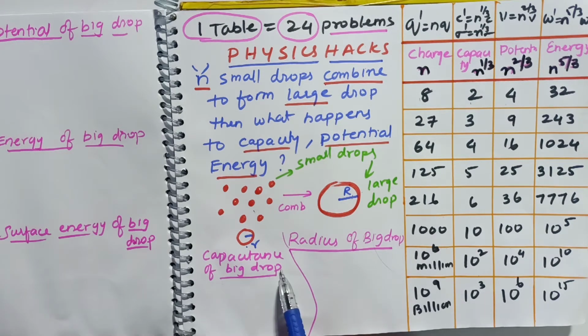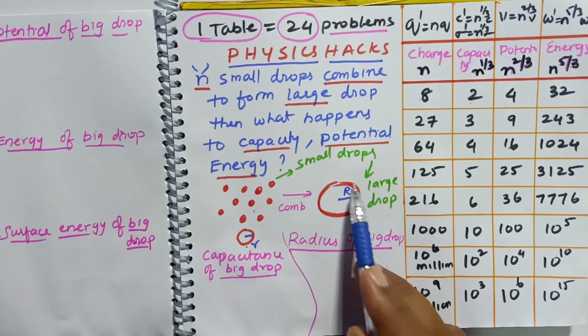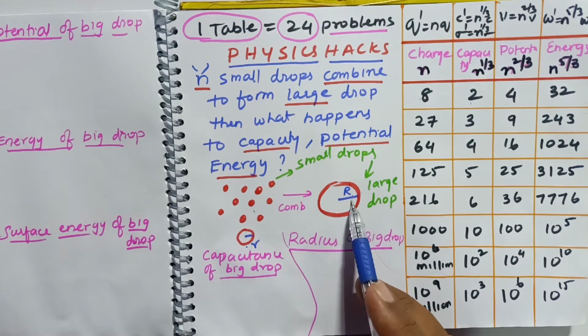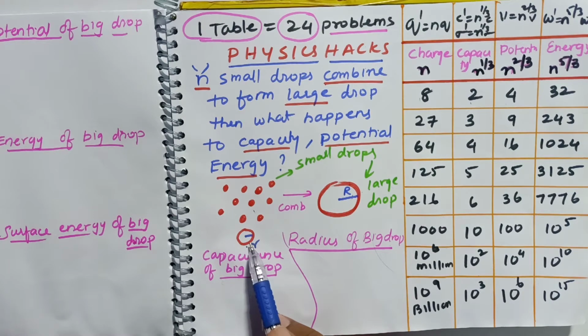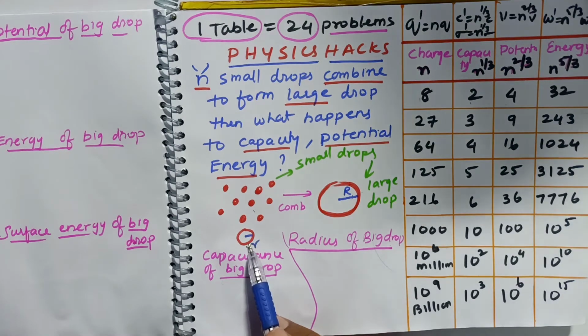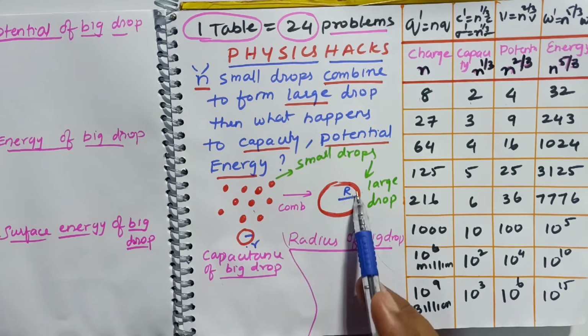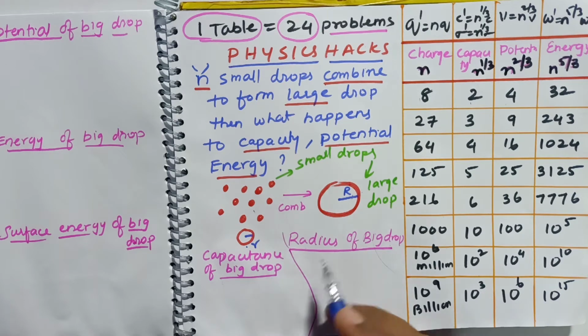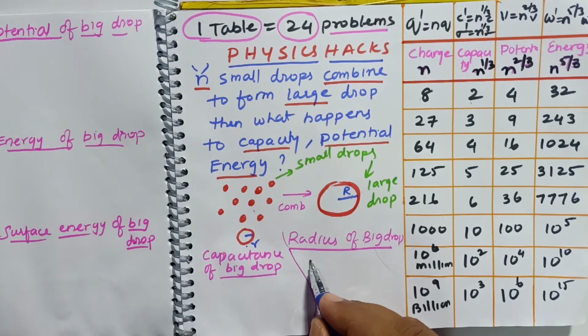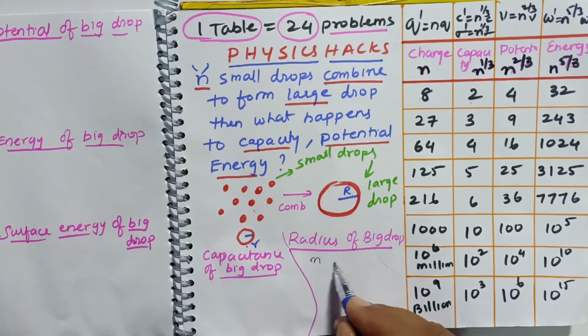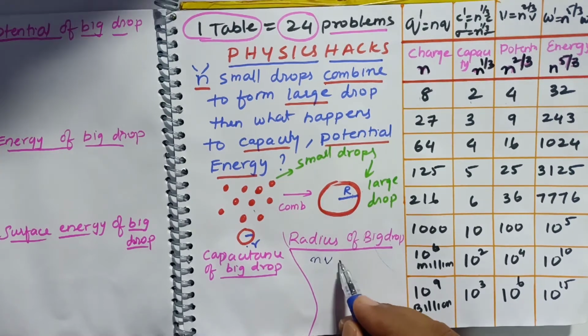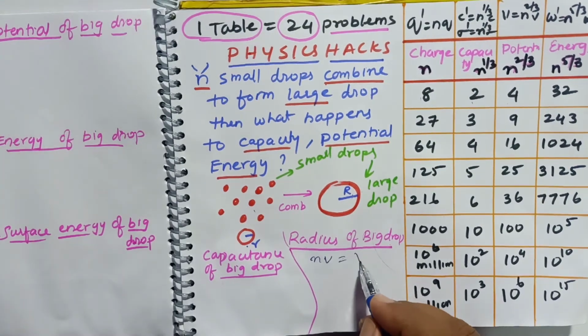Capacity of a bigger drop, radius of a bigger drop. To understand the relation between the radius of a bigger drop and the radius of smaller drops: this is a larger drop having radius capital R, and this is a smaller drop having radius small r. You know that n small charges have volume equal to the volume of the larger drop.